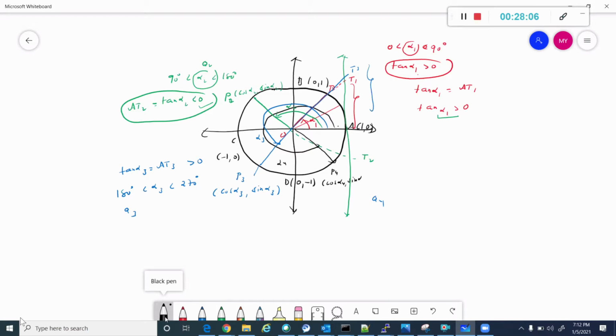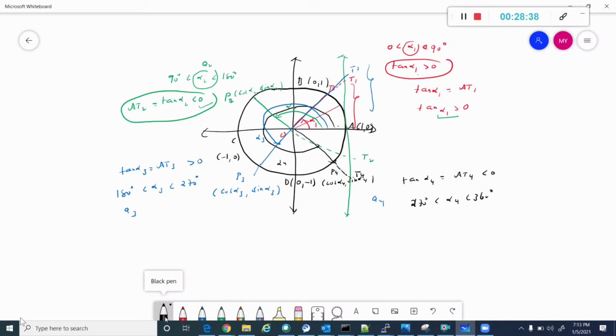Similarly, I can't extend like this, I need to bring it backward to meet this one. So it has met at T4. So your tan alpha 4 is equal to AT4, and this is always less than 0 when your angle is between 270 degrees and 360 degrees.